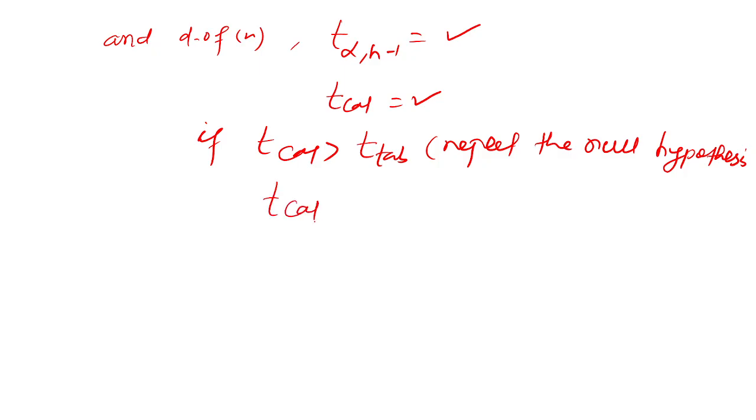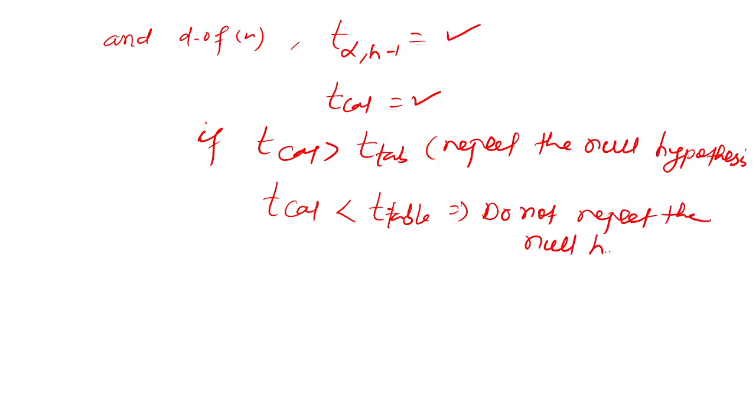If t calculated is less than t tabulated, we do not reject the null hypothesis. We will not say accept the null hypothesis; we'll say do not reject the null hypothesis. So can we solve some problem based upon this? This is the whole idea for a single population. Is it clear now?